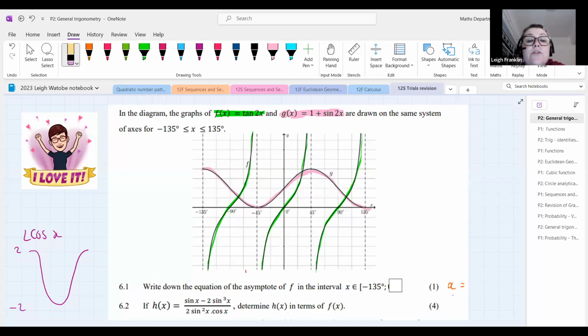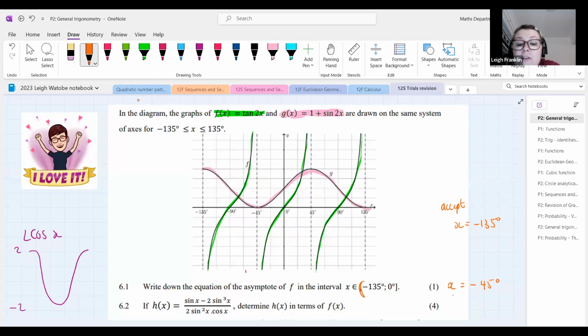Okay, so they just want us to look to the left of the y-axis. The equation of the asymptotes are the vertical lines. So we could say x equals -45. They've told us we can include -135, so I'm thinking they would also have to accept an answer x equals -135.